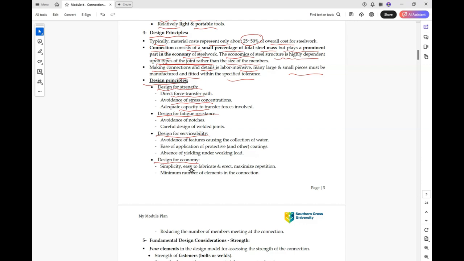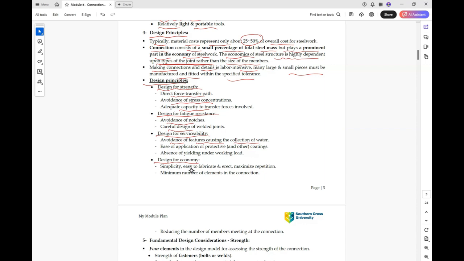Design for fatigue resistance: avoidance of notches, careful design of welded joints. For serviceability, we need to avoid features causing the collection of water. For example, you need to make sure that any connection you design doesn't cause collection of rainwater.